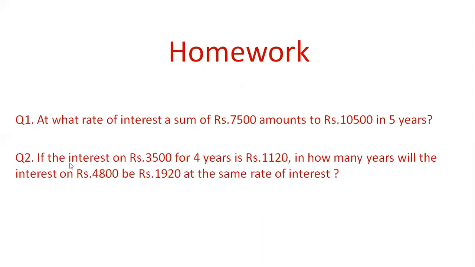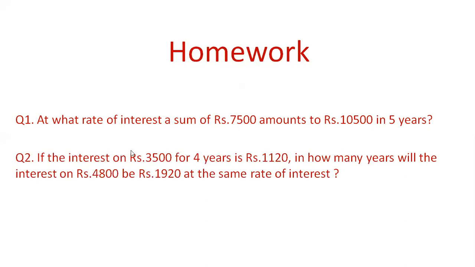And in this question, look, if the interest on rupees 3,500 for 4 years is given as 1,120, the interest is 1,120, principal is 3,500, and time is 4 years. Then we can find out here in how many years the interest on rupees 4,800 will be 1,680 at the same rate.